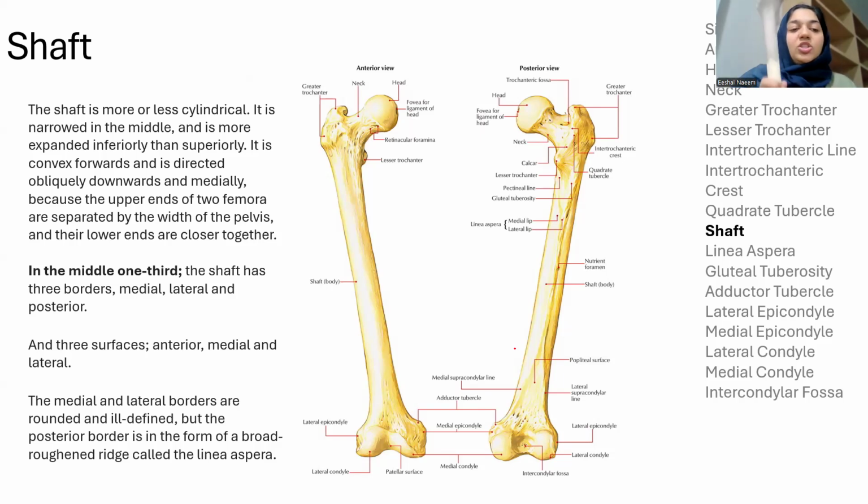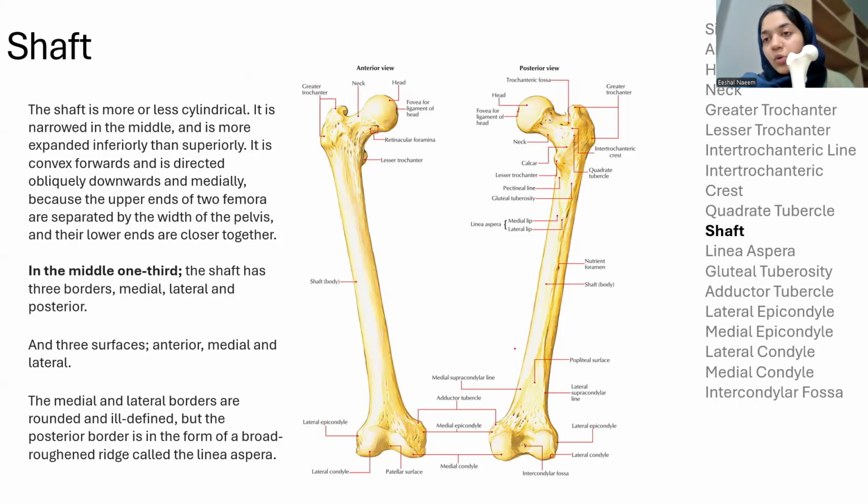In the middle 1/3, the shaft has three borders: medial, lateral, and posterior. So this is your medial border, this is the lateral border, and this is the posterior border. But in the upper end and the lower end, the linea aspera diverges to enclose another surface.